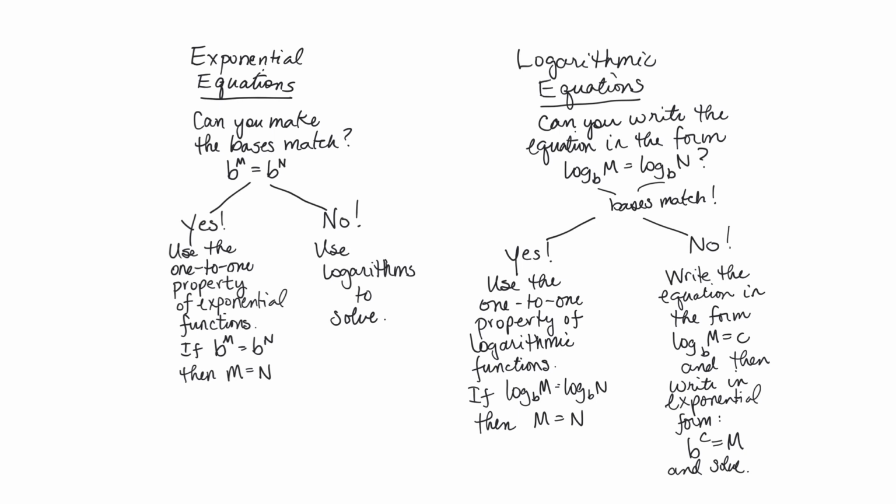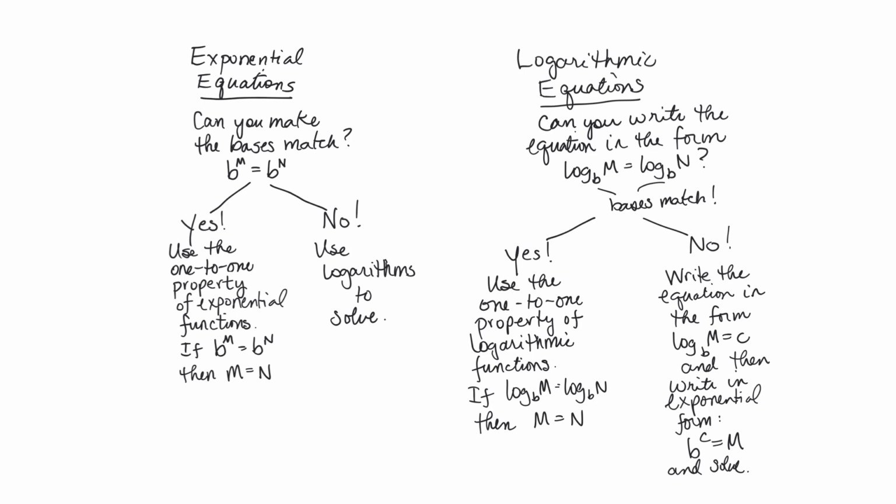Okay, so just kind of as a summary for this rather large section, I've made a flow chart for us in terms of solving exponential and logarithmic equations because there are some similarities between these two types of equations. When I'm solving exponential equations, I have two basic methods of solving. Logarithmic equations also have two basic methods of solving.